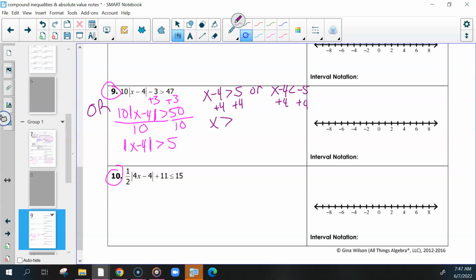So x is greater than 9, or x is less than negative 1. And these will be 2 open circles. From negative infinity to negative 1, or 9 to infinity.